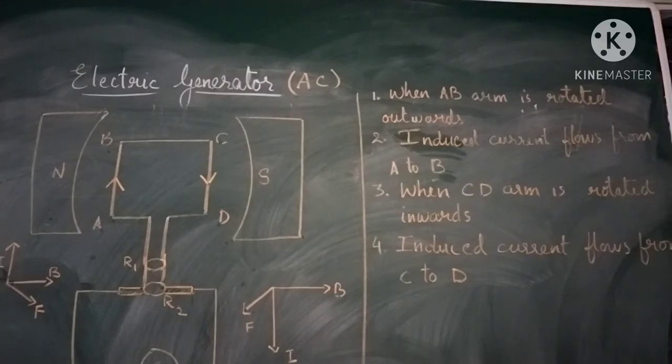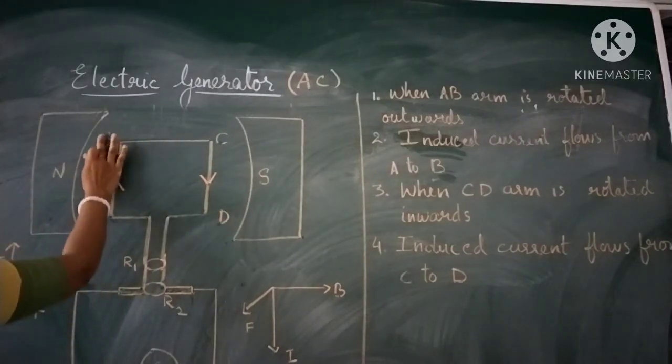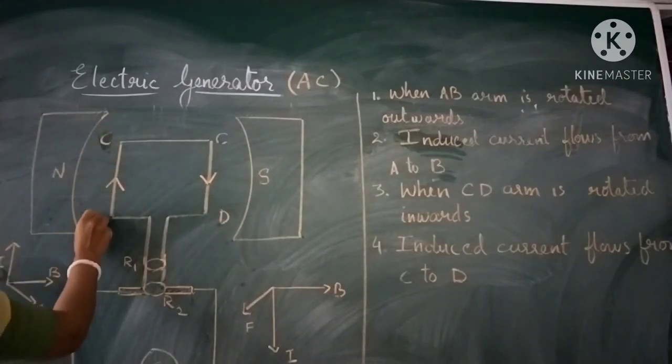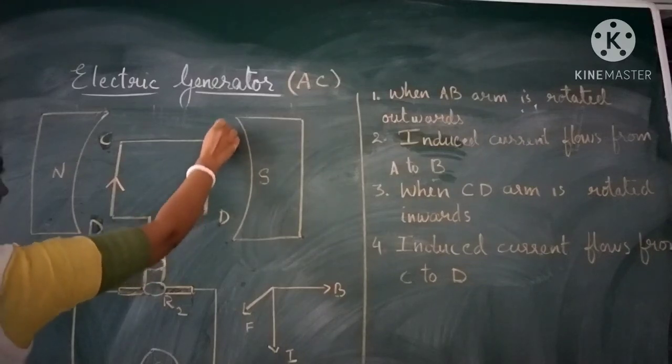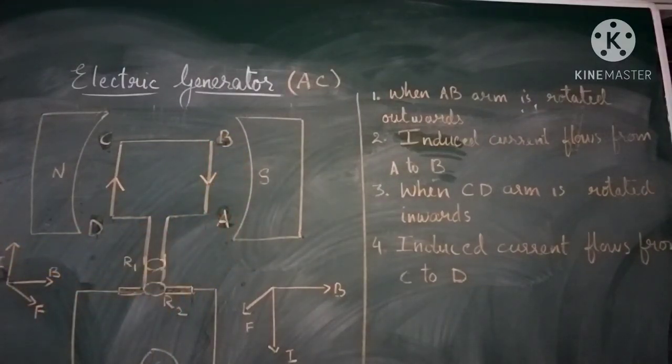This goes for one half rotation. For the next half, the CD is going to come this side and AB is going to go this side. So we can mark this as CD and this side can be marked as AB. Again, the same thing will happen. CD this time is going to come outward and AB is going to go inward. And because of it, the direction of the current will now get interchanged.